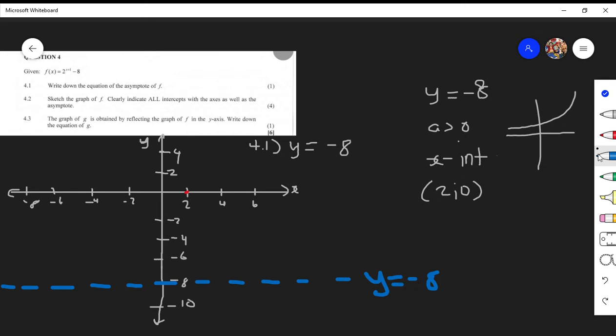And we're also going to need a y-intercept actually. So to get our y-intercept, we know that our x value is going to be 0.